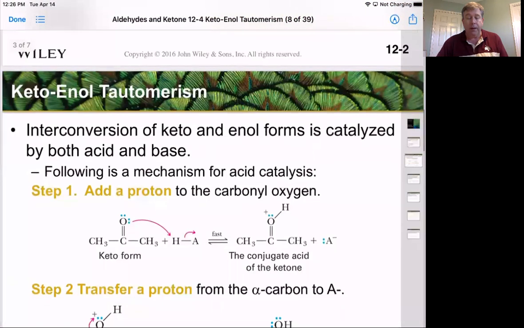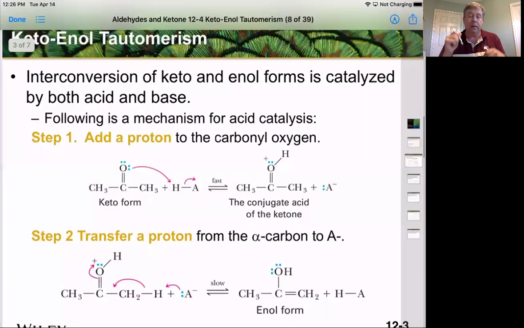So the way this works with acids or bases is the idea that you can go through a couple of different steps. Here I'm going to show you the mechanism for the acid-catalyzed conversion from the keto form to the enol form. The first thing that happens is a lone pair from the oxygen interacts with the proton of an acid, generating a protonated carbonyl compound here.